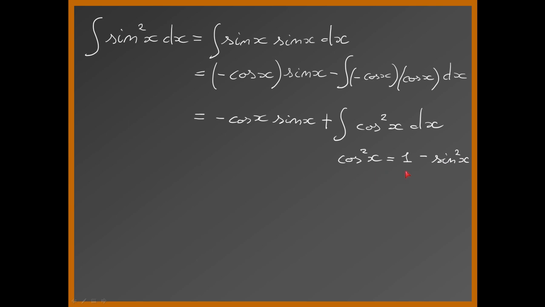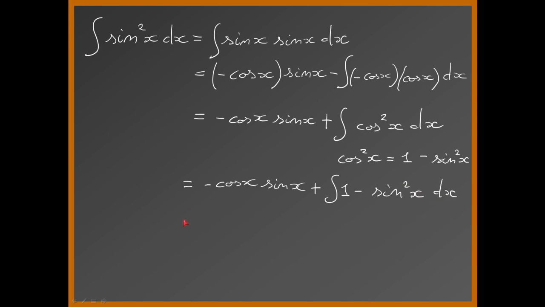Now we can substitute this expression for the cosine squared of x, obtaining minus cosine x sine x plus the antiderivative of 1 minus sine squared of x.